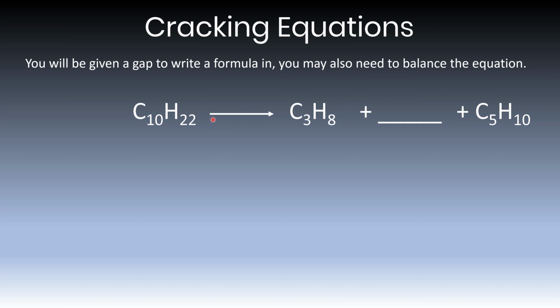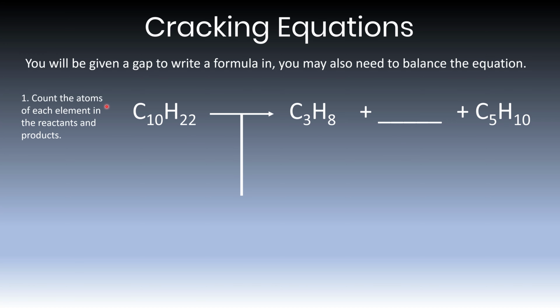And it's undergoing cracking, a type of thermal decomposition, and it's breaking down into C3H8, so that's actually propane, plus something, plus C5H10, that's actually pentene. So basically what we need to do is work out what the formula is of the compound that goes in this gap here.